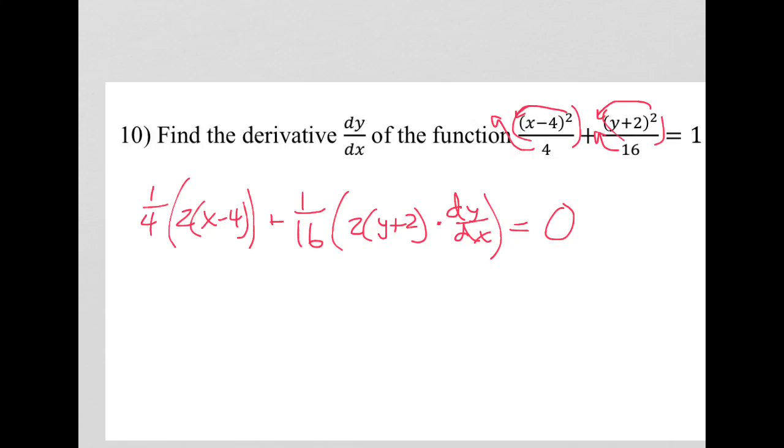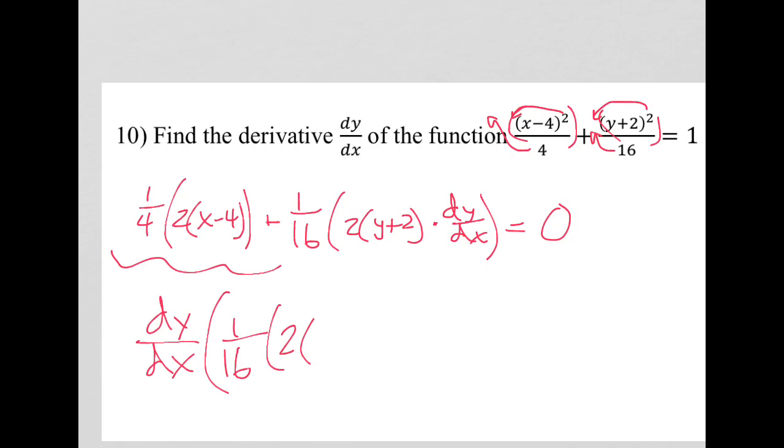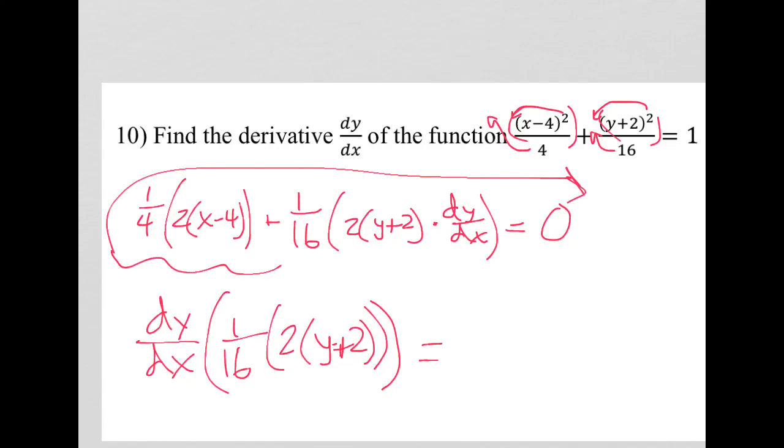And so now I can go ahead and solve this for dy dx. Well, what do I need to do? I need to subtract this whole expression right there. So let's say dy over dx, that whole thing times this ugly expression, 1/16 times 2 times y plus 2, equals all of this stuff subtracted over.